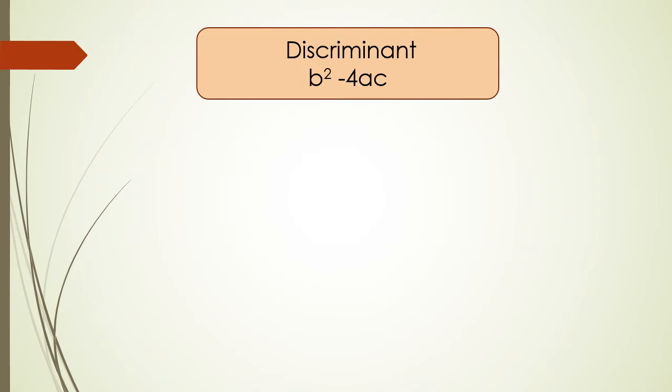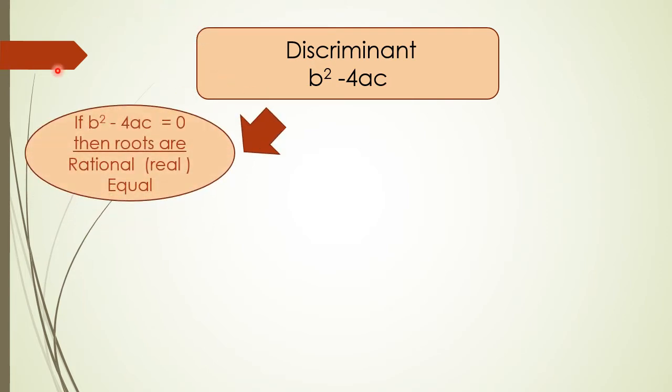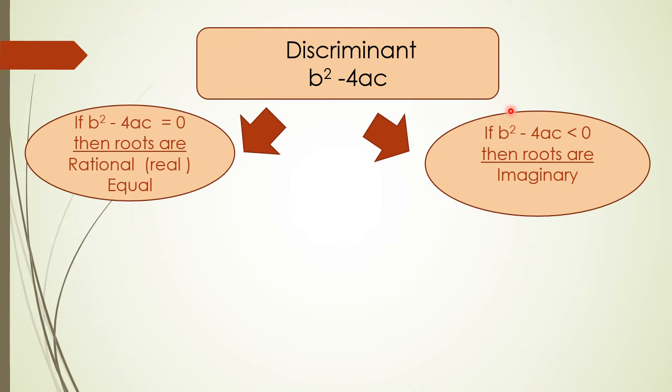Now students, for the discriminant b² - 4ac, we have four conditions. First condition is that if b² - 4ac is equal to 0, then roots are rational and equal. Second condition is if b² - 4ac is less than 0, then roots are imaginary.